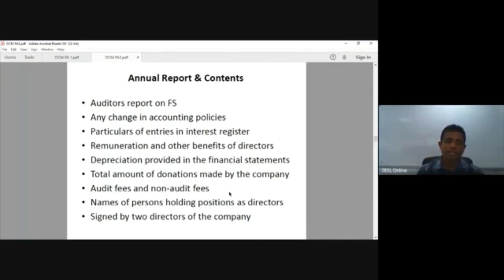That's why there is a special requirement to separately disclose the donations made by the company, right? The directors cannot decide the donations freely, therefore be very careful in deciding the donation.